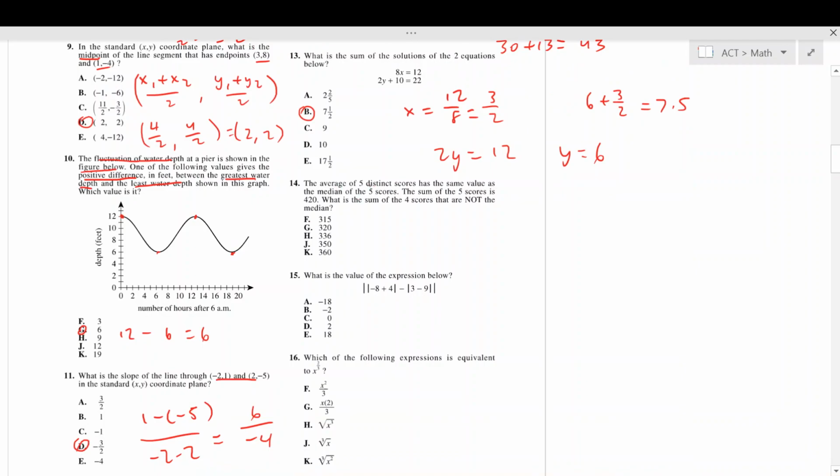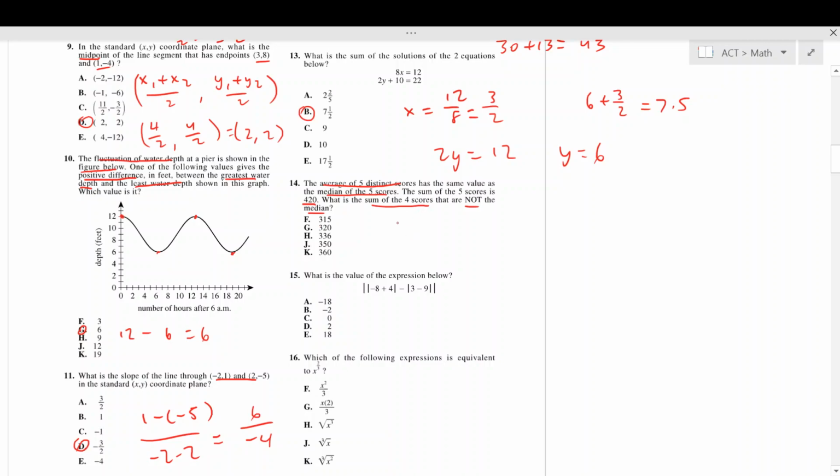The average of 5 distinct scores has the same value as the median, right? So remember, average is the mean, median is the middle number. So if we're given 5 numbers from least to greatest, then we choose the middle number, that's the median. The sum of the 5 scores is 420. What's the sum of the 4 scores that are not the median?